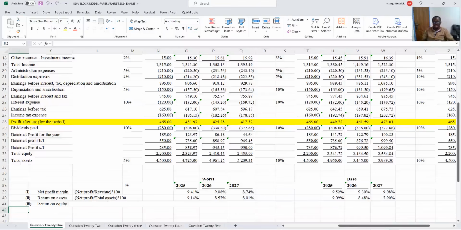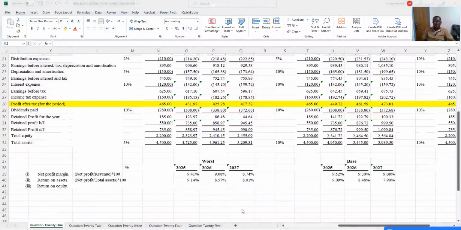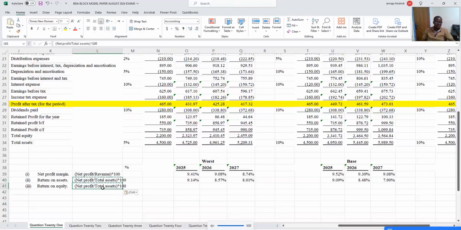Return on equity. What about return on equity, my good students? The same case will apply where we'll be talking of our net profit. But this time round, net profit to divide by our what? Our total equity. Net profit divided by our total equity.